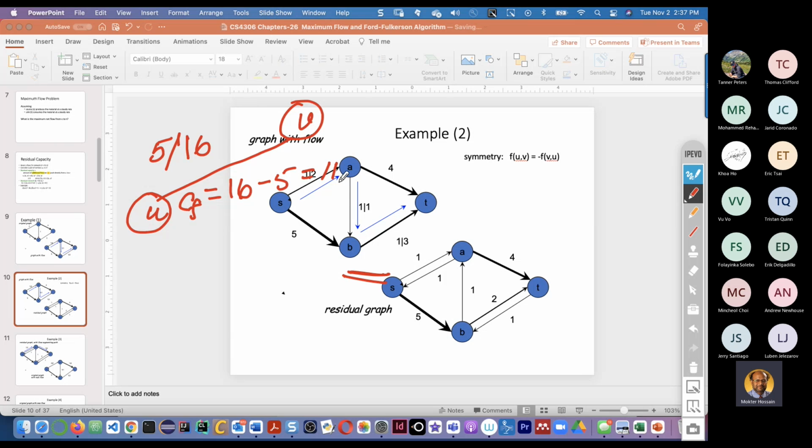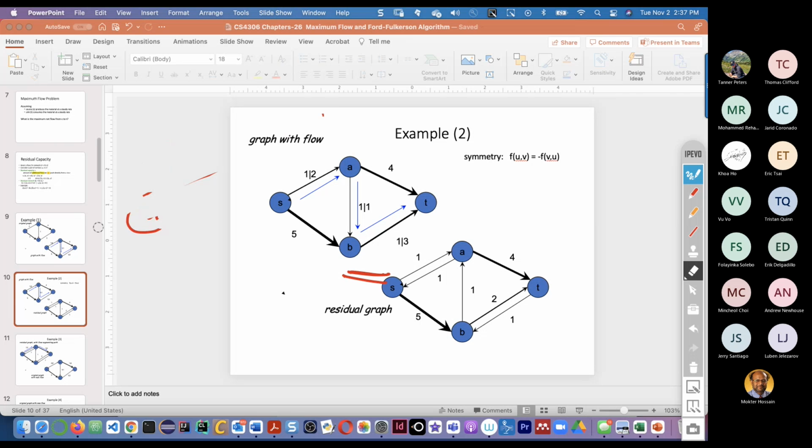The original path was from S to A only. So S to A had a capacity of 2 units, and we are passing one unit. 1 unit is remaining, and the negative 1 unit over here.